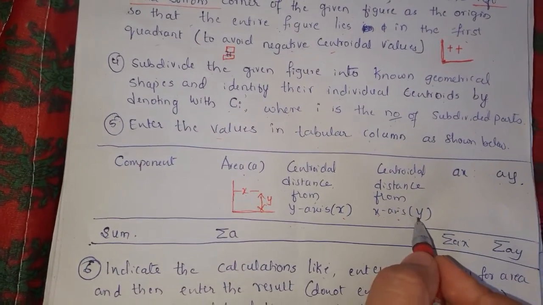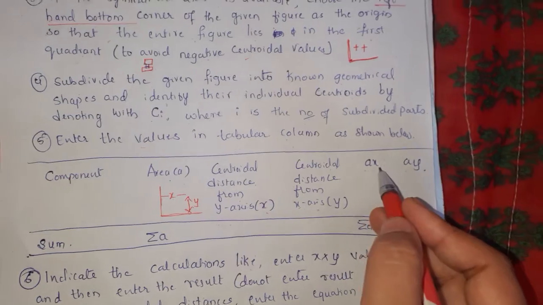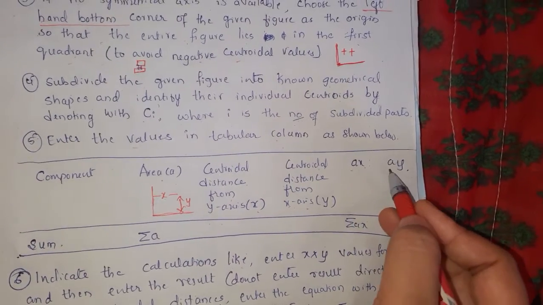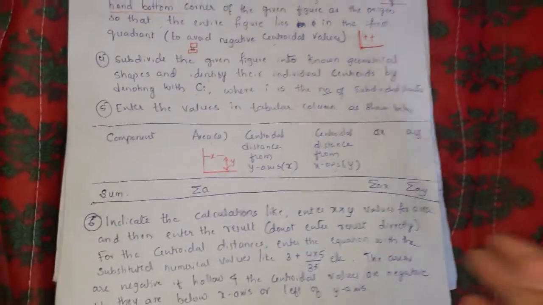Then area into x distance and area into y distance, you have to multiply them.